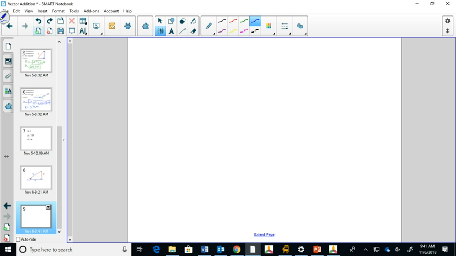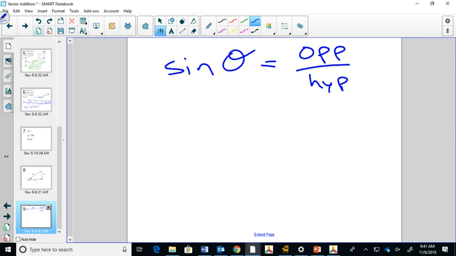So let's remind ourselves, and if you want to look in your textbook, it's there on page 126, these sine, cosine, and tangent. So if I have the sine of an angle, what are the two sides that I look at? Opposite over hypotenuse.